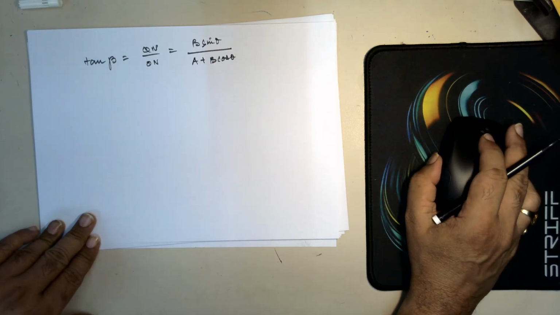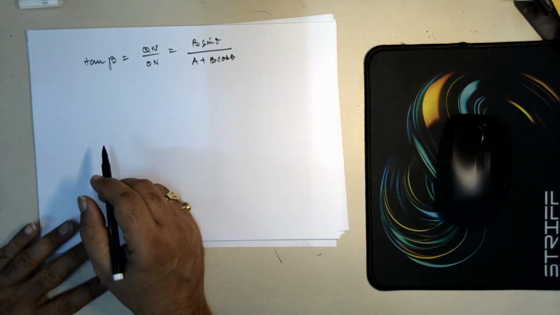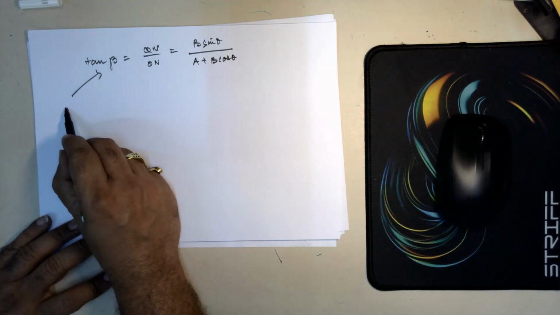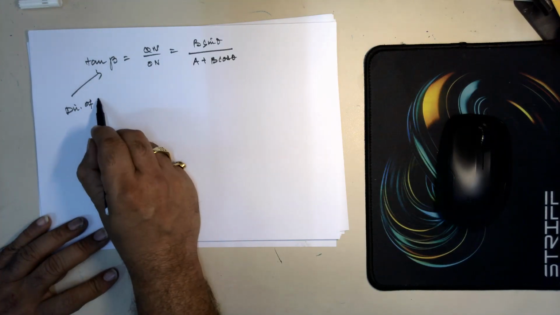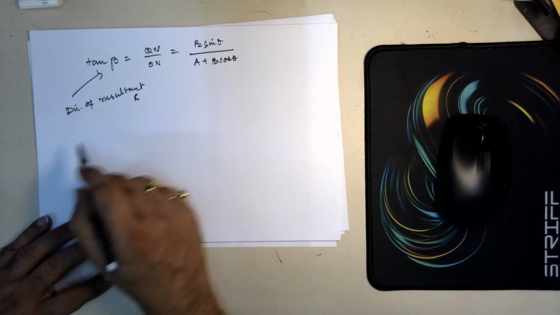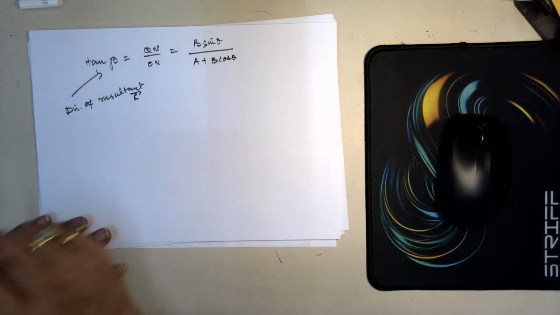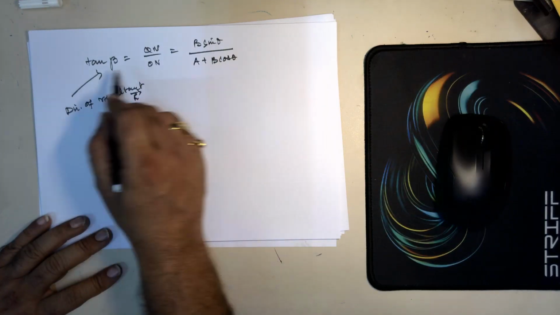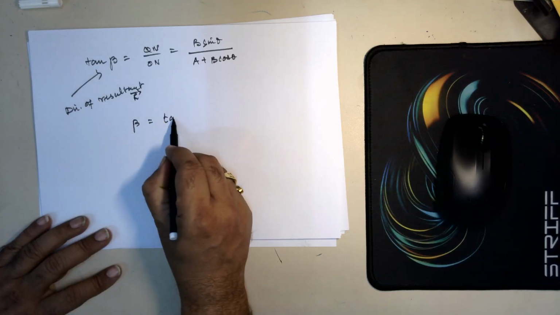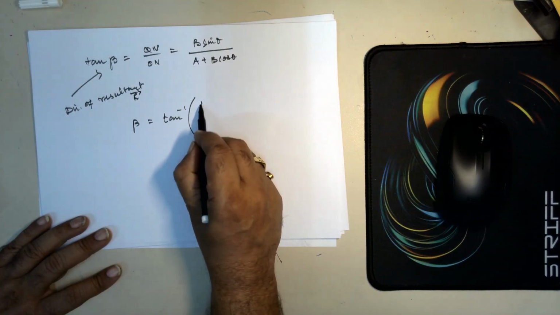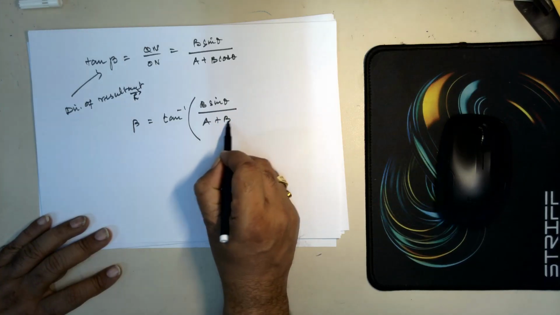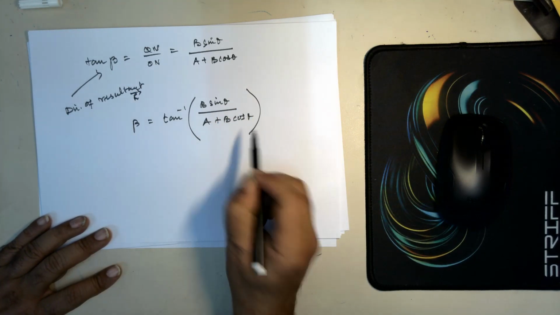Got it? Now we have the direction of the resultant. So this is called the direction of the resultant vector R. And now you are interested to find out the beta. So you can put beta equals tan inverse of B sin theta divided by A plus B cos theta.